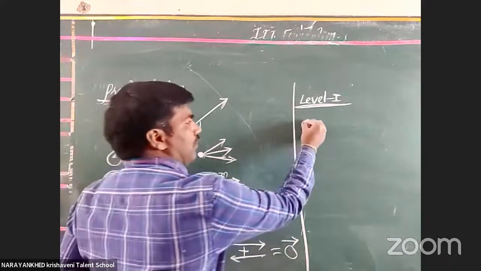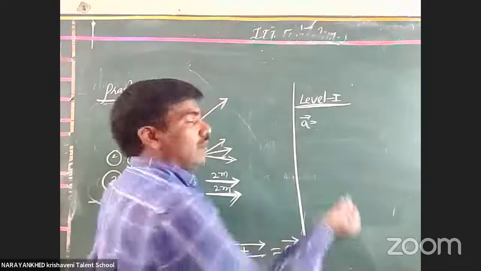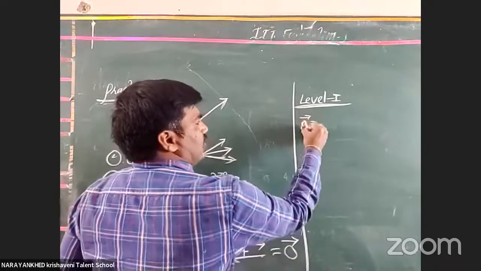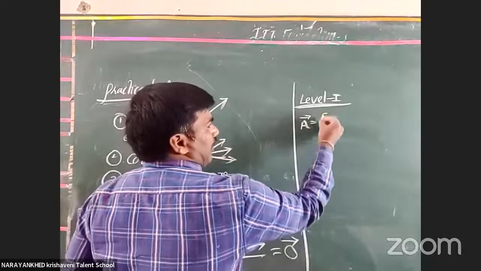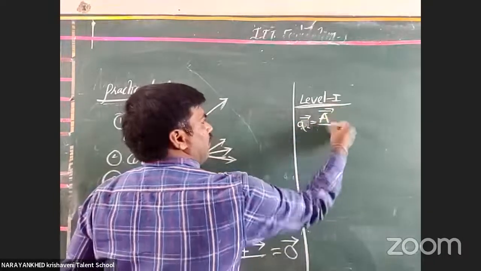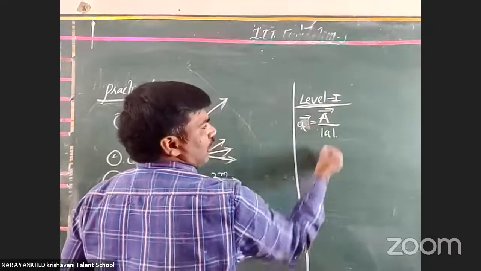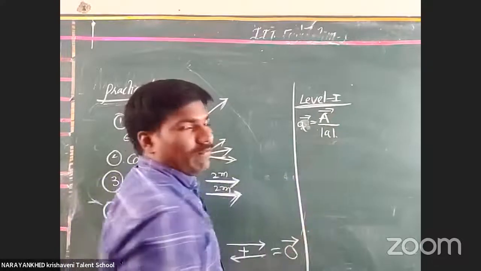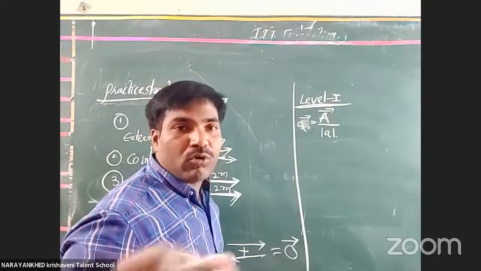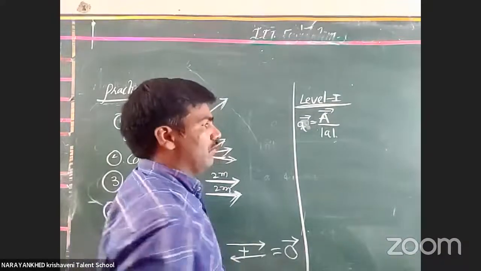You know very well, when you take A bar divided by mod A, it is called a unit vector. The vector does not contain more than one magnitude; it contains only magnitude one.